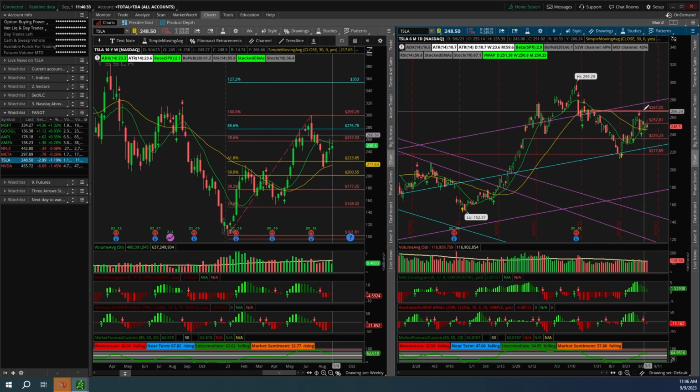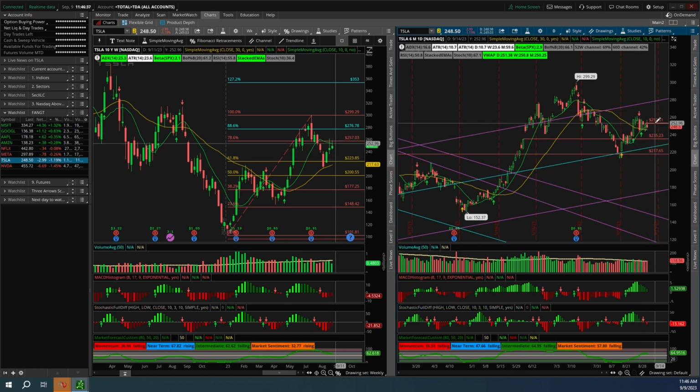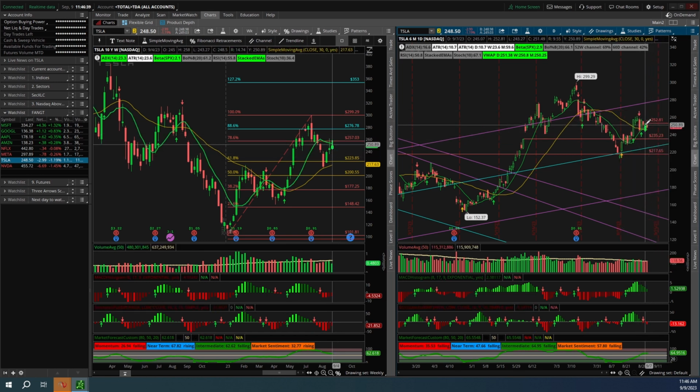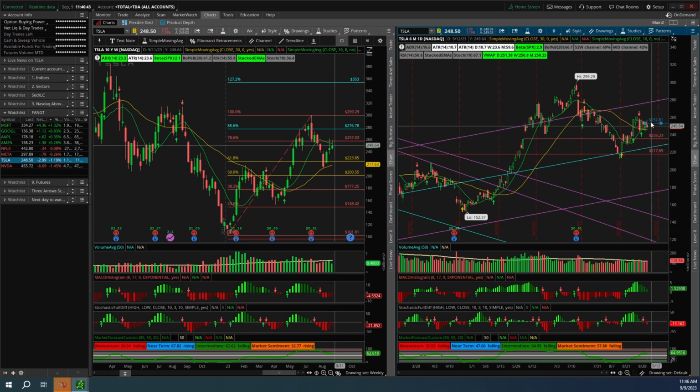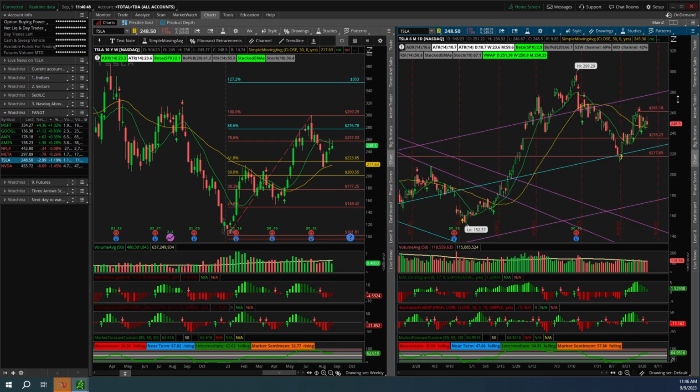I do have this level marked here. I'm gonna delete it. This one is probably still important. Since this one moved to the downside, I don't know. This one is kind of like a break to the upside up here now. Yeah, 261.18 would probably be a level I would like to see break before making any decision to participate here.